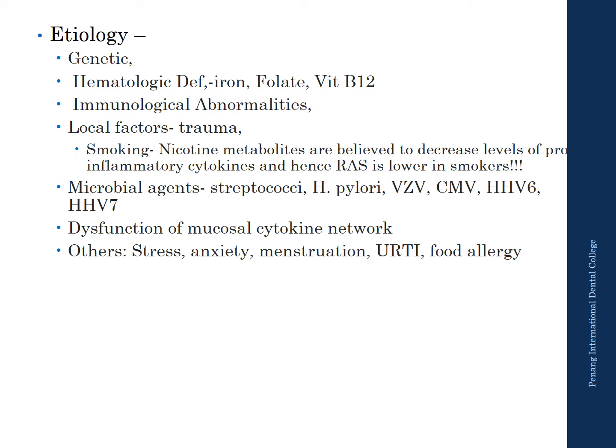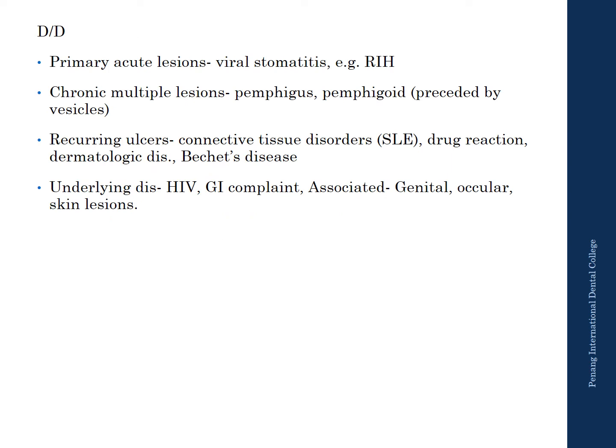But again, at this point, I need you to understand and remember that the aphthous ulcer is diagnosed as a disease of exclusion, which means that the patient only has oral ulcerations and no other significant systemic involvement. The differential diagnosis for aphthous ulcers must include primary acute lesions like viral stomatitis, specifically recurrent intraoral herpes, and they may look very similar to the herpetiform aphthous ulcers that we saw in the previous slide.